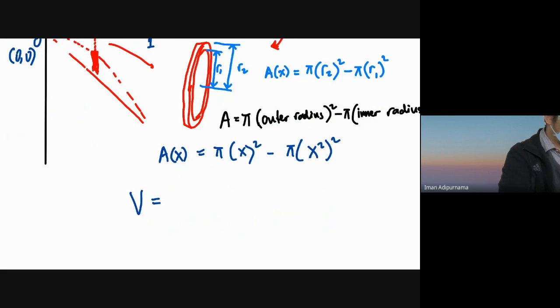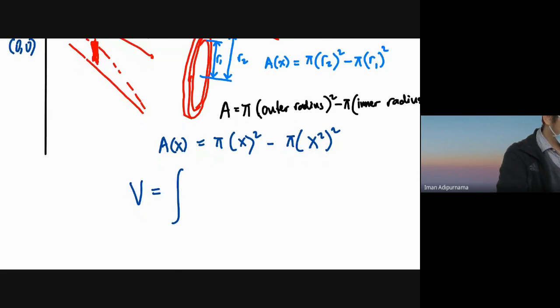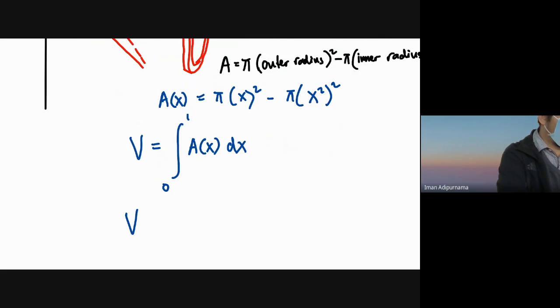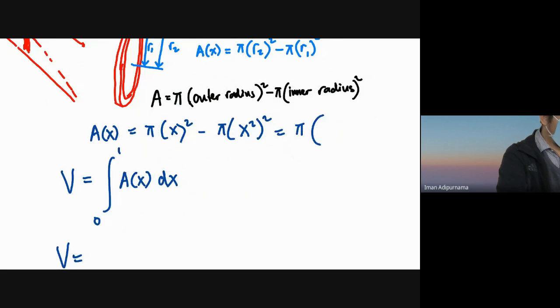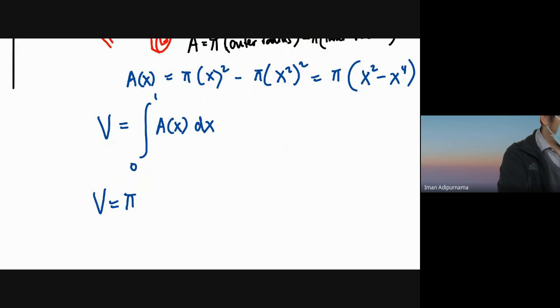So the volume is the integration from 0 to 1 for the x value, of A(x) dx. Or we can write directly, this becomes x squared minus x to the power of 4. So we can write this as the integral from 0 to 1 of pi times (x squared minus x to the fourth) dx.